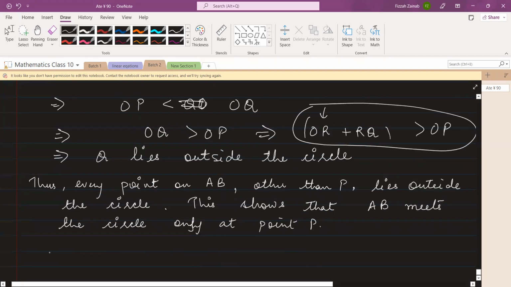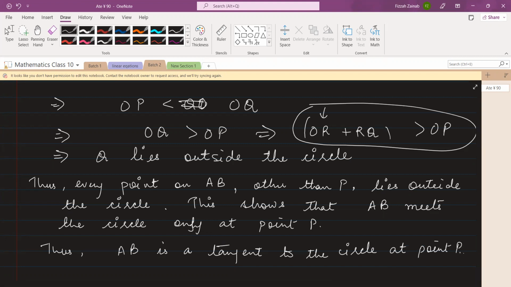Yes, ma'am. Okay, and thus we can say that AB is a tangent at point P, is a tangent to the circle at point P. So we have shown that AB is a tangent.